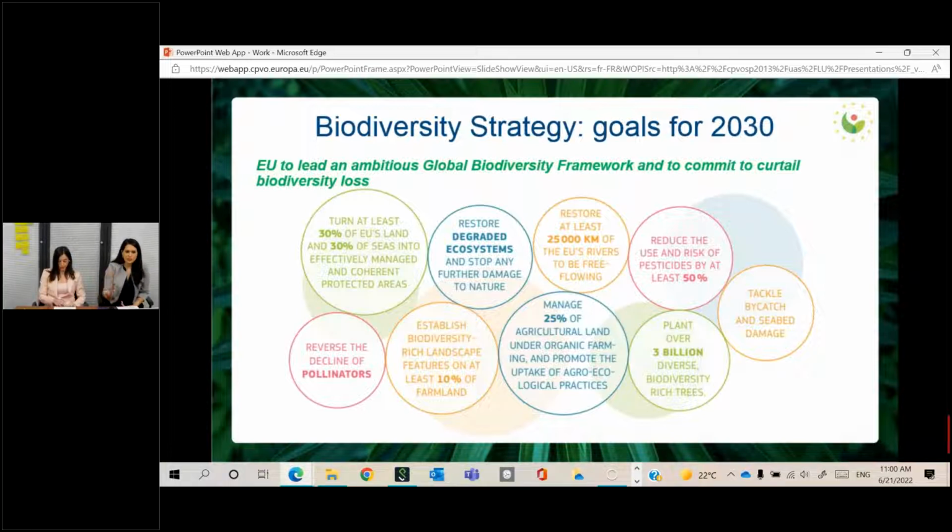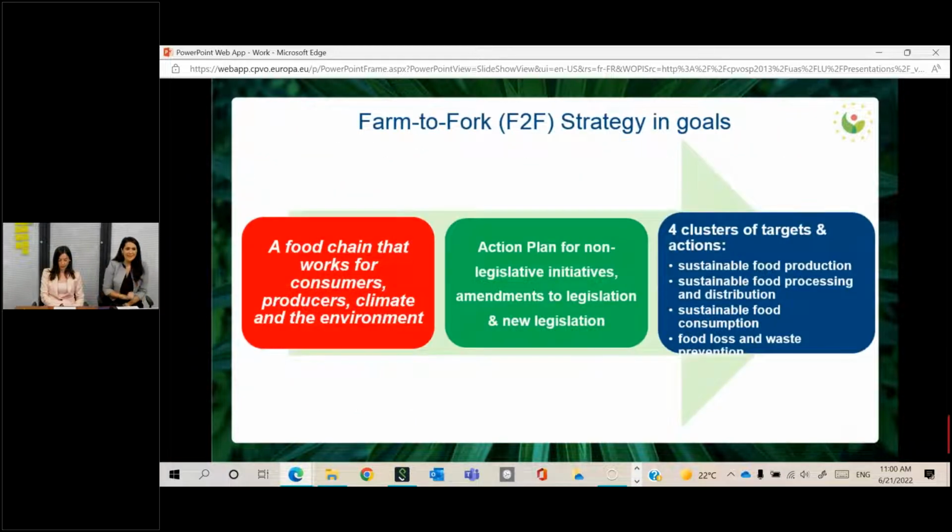So the biodiversity strategy in general rests on the assumption that the more biodiversity we have, the more resilient our system is. And as you saw before, it also links to the objective of a more responsible use of the land.